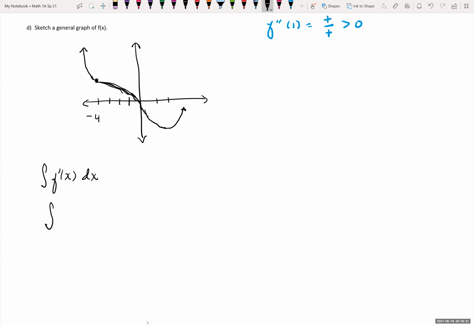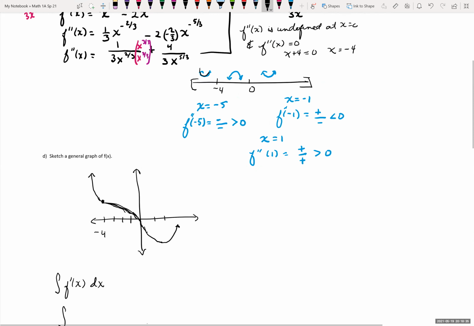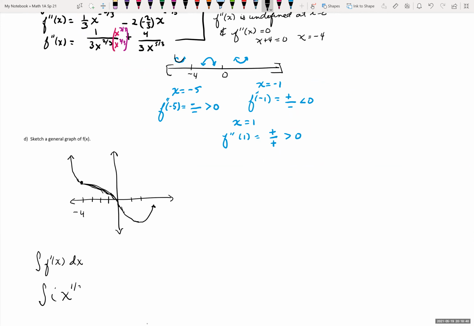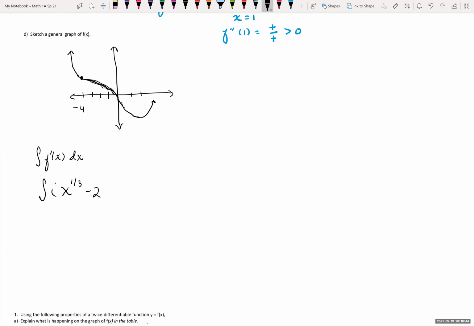Let's write it in the form where we had distributed that x to the -2/3 to each piece. That would give us x to the 1/3 minus 2x to the -2/3 dx.